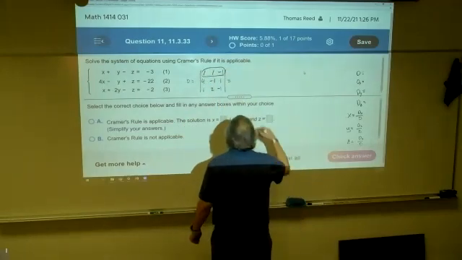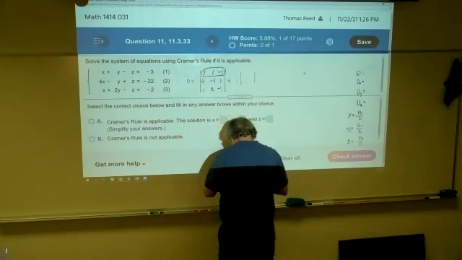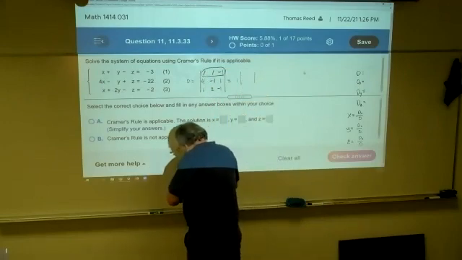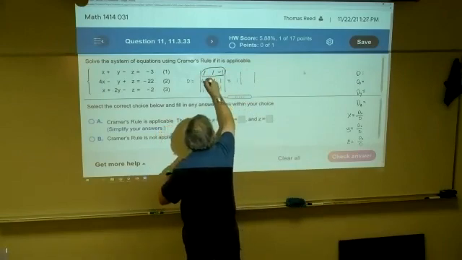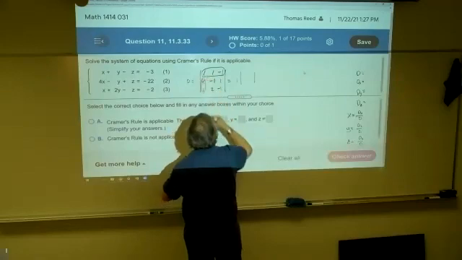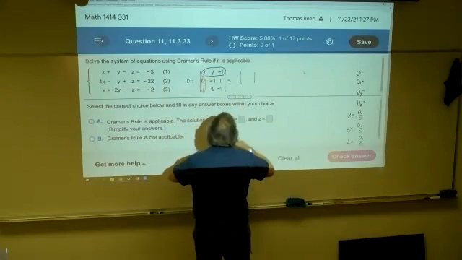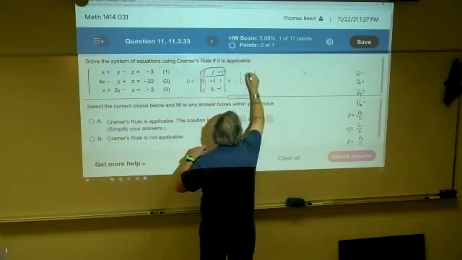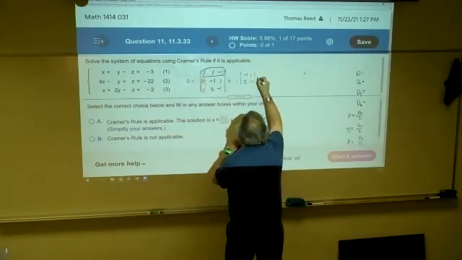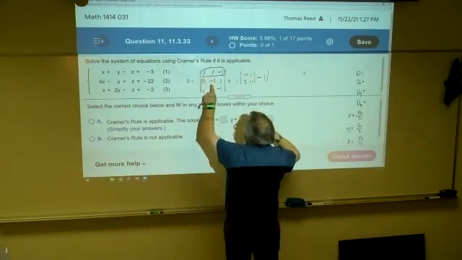And so I start with 1 times, and so I look at the 1, and I ignore the first row and I ignore the first column, and the remaining 4 numbers are the matrix I'm going to use: -1, 1, 2, -1. And I'm going to subtract this 1 times the determinant of its minor.